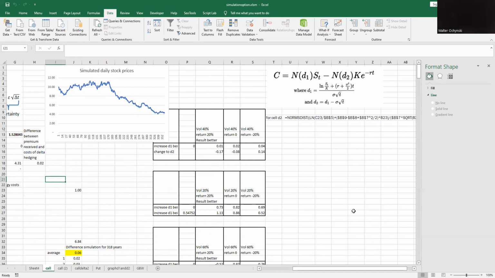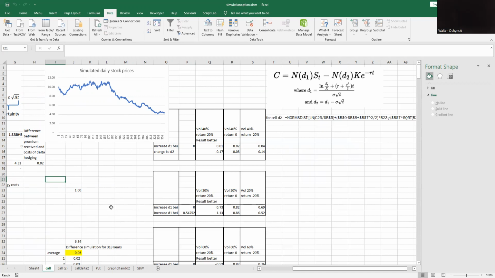I already made the statement that in this 1 year that we simulated, we received very good results, and for 300 years on average, we generated 6 cents better than what we receive as the option premium.